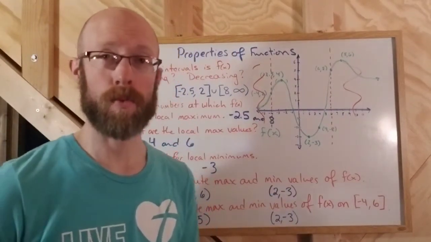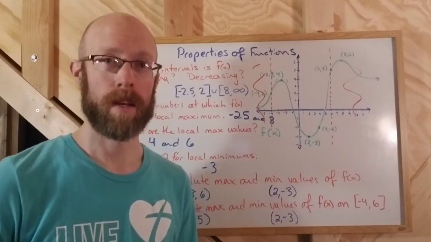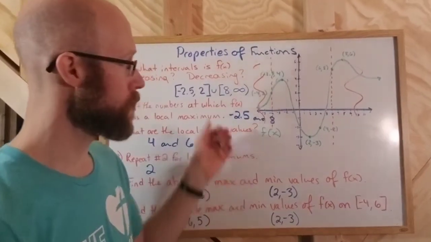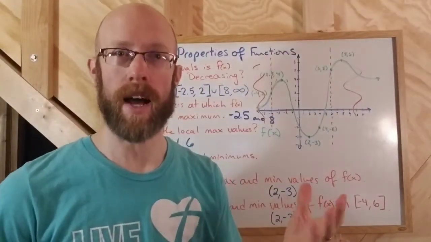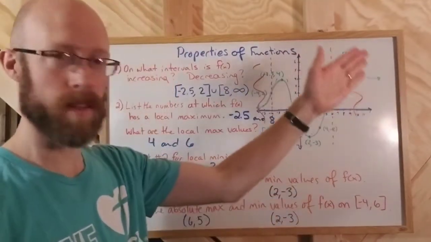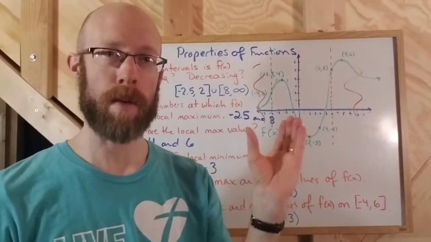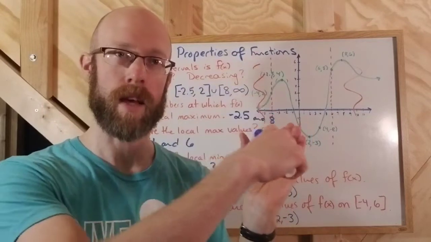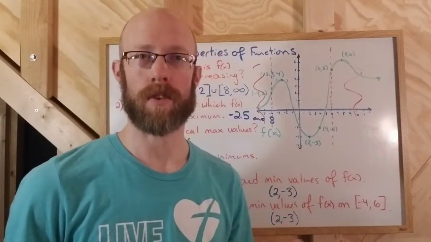Now, there are times where there is no absolute max or absolute min. That can occur if you had a graph that shoots up indefinitely. Say a line that goes up indefinitely, or a parabola, in which case the tails go up indefinitely. Lots of different graphs will do that.